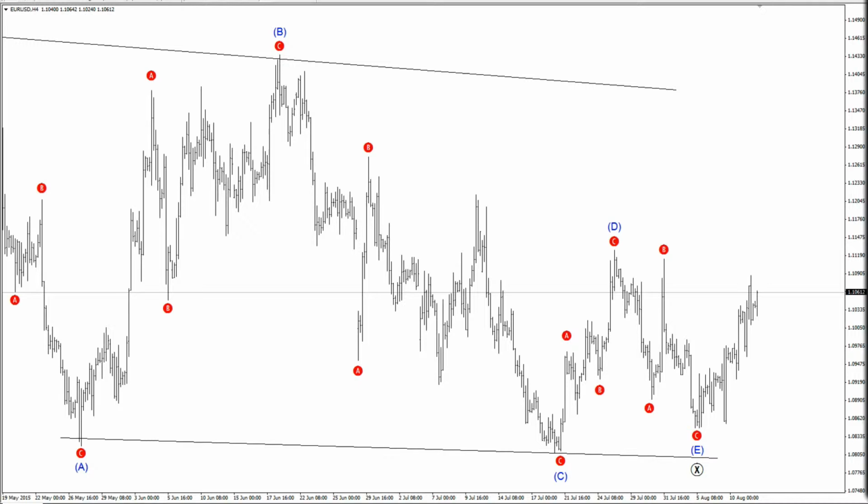My wave count has looked at this as the next wave higher. I have labeled the large triangle formation as complete, and I am looking for more upside on Euro USD in the coming days. Next up is dollar yen.